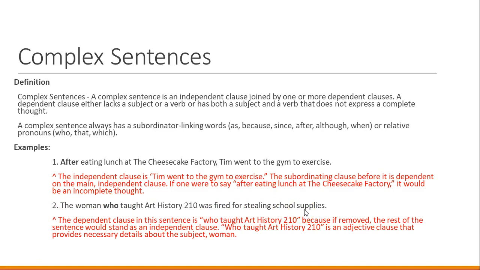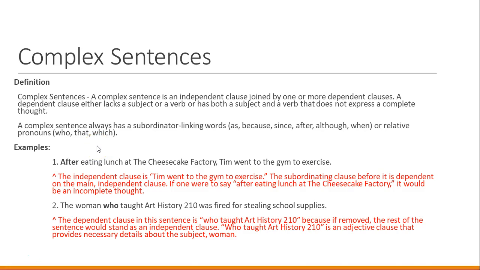So a complex sentence is an independent clause joined by one or more dependent clauses. You should always remember that a complex sentence will always have a subordinator or linking word. Here we have the main subordinators: as, because, since, after, although, when, and relative pronouns who, that, which, whose, or whom, which can be used to join the dependent part of the sentence to the independent part.